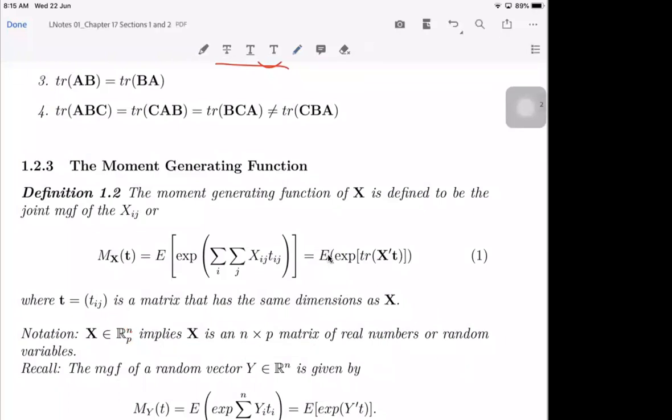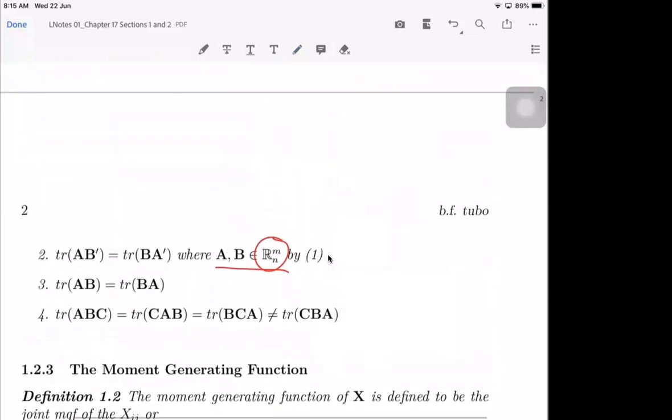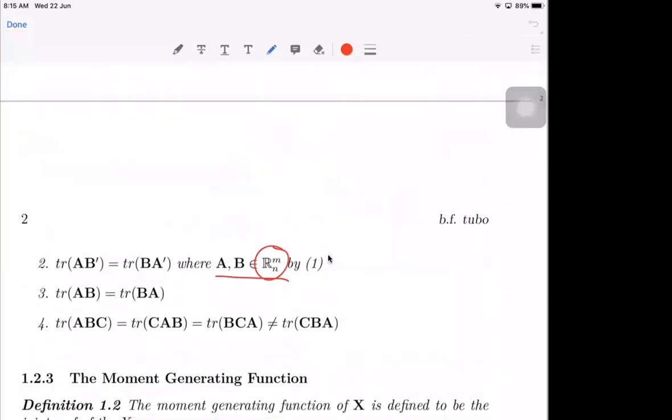So in this notation, both A and B here are m by n. If we look at the conformity of these matrices, A is m by n and B prime will be n by m. So this matrix AB prime will be an m by m matrix.